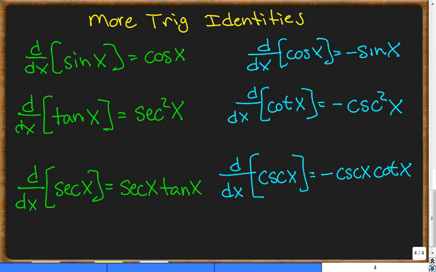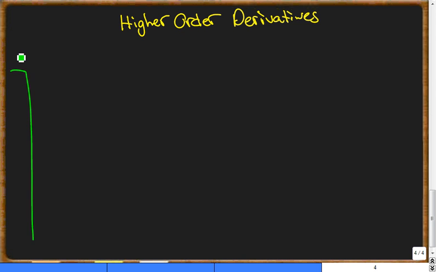And now, lastly, we are dealing with higher order derivatives. And the way they decide to describe this is in terms of something moving. Well, if we have something moving, so let's say there's me. I'm in my room.